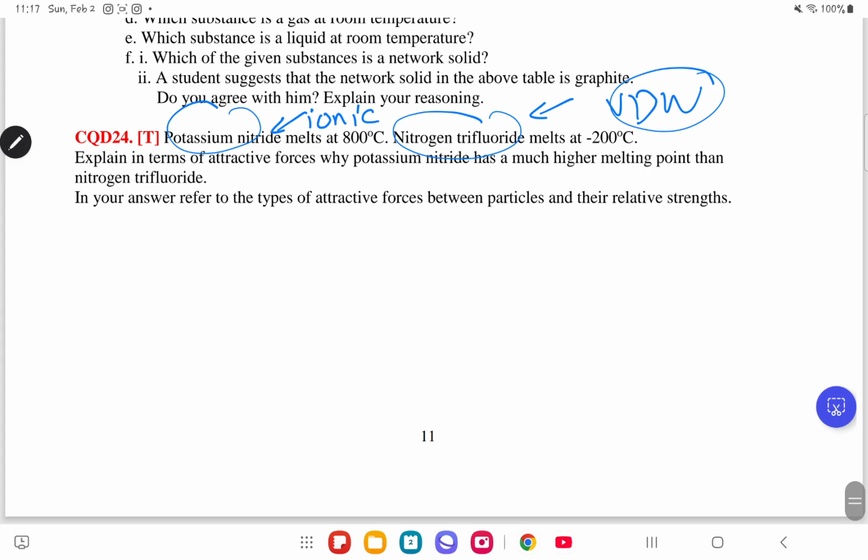And we know that van der Waals forces are very weak. So it does not need a lot of heat or a lot of energy to melt the element. Whereas if it's ionic, covalent, or network solid, you need really, really high temperatures to melt them.